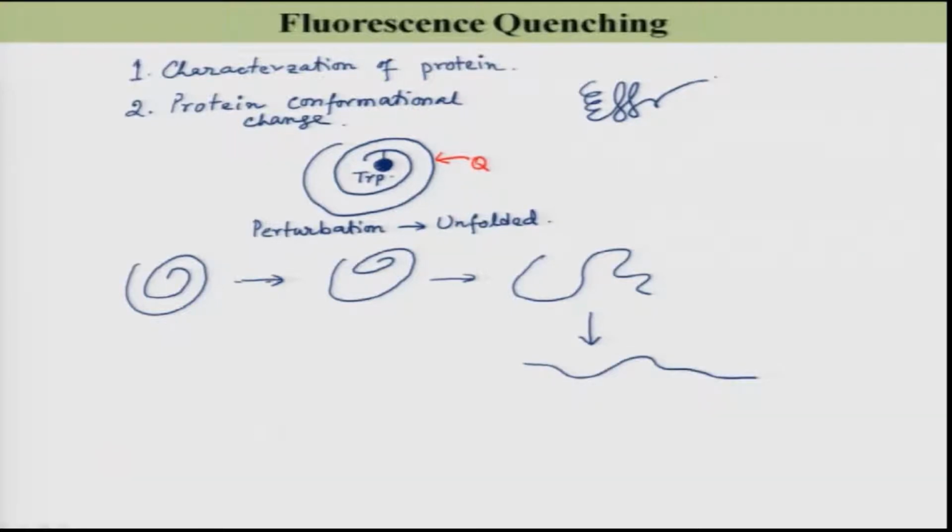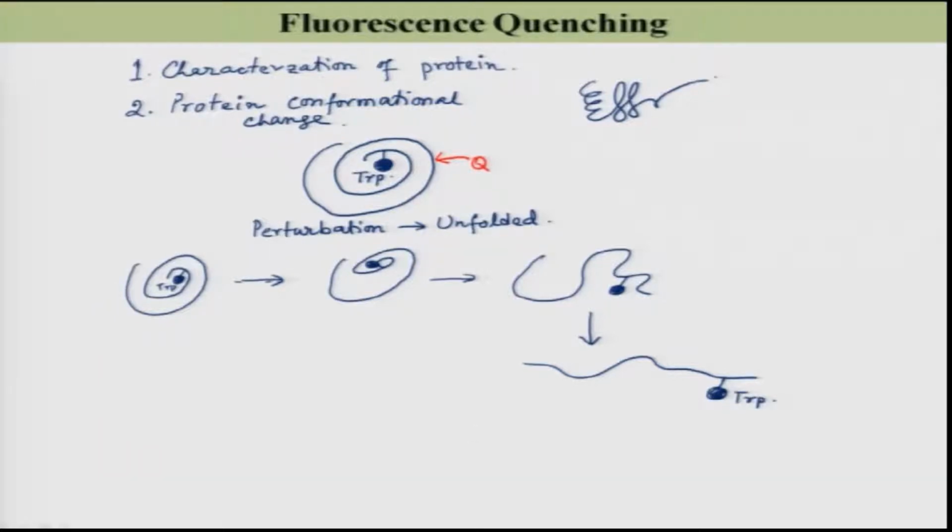That tryptophan which was originally here in the buried location, this is my TRP, is now over here, still in the buried location. Now it is opened somewhat, and now it is fully open. This is my tryptophan residue.